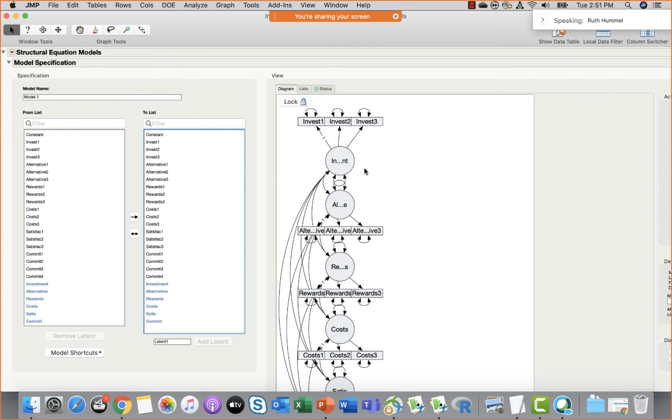So I believe that also there's co-varying between investment and alternatives and investment and rewards. So this is the confirmatory factor analysis model. All of my what are called exogenous variables, all of my variables that don't get acted upon in my model, so that's the latent constructs, they all need to co-vary with each other.